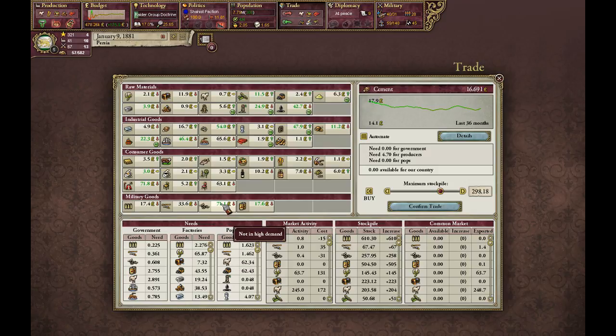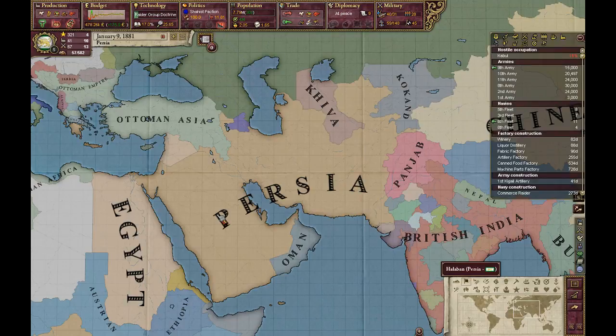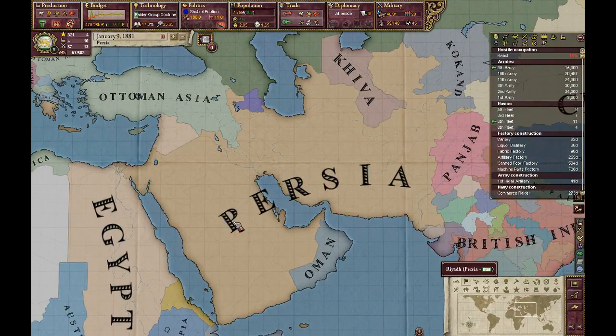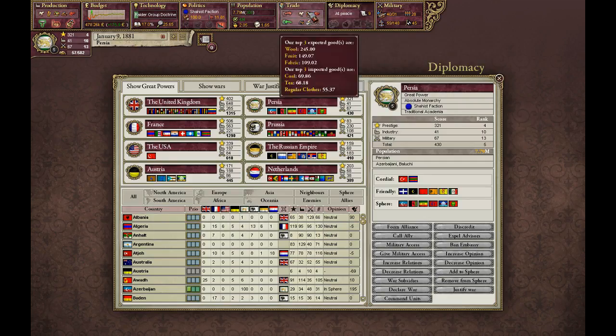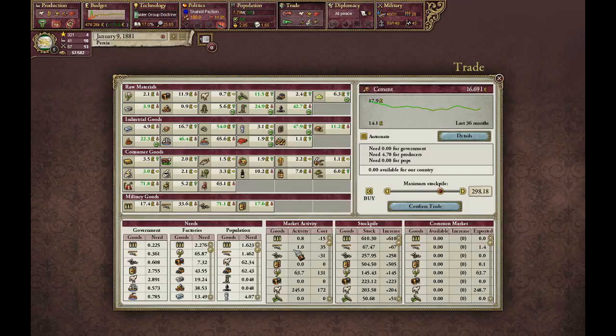But when the demand is higher than the supply, you won't be able to buy them, and especially in wartime when there's a high demand of military goods, you sure want to still build your army quite fast, and a way to do that is to build up your stockpile before that.